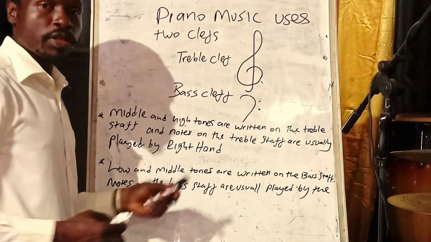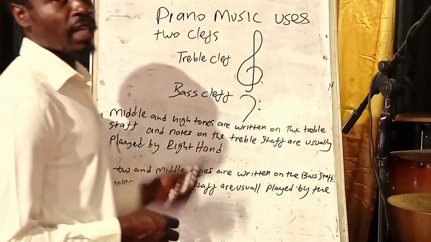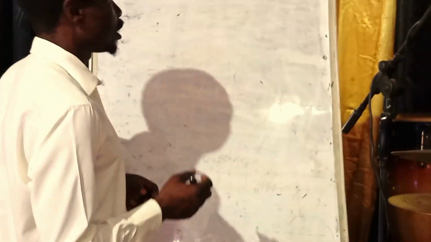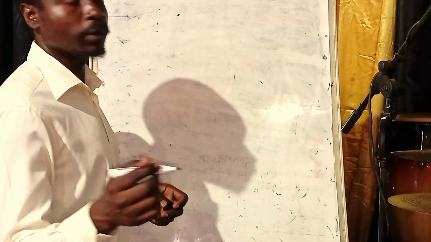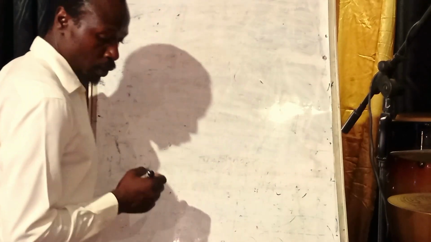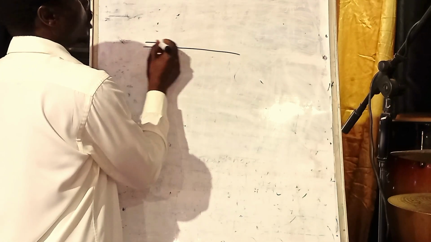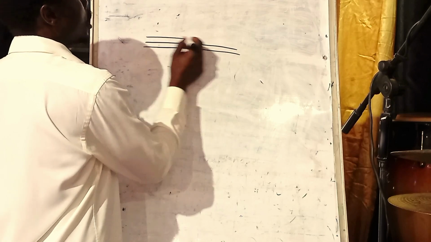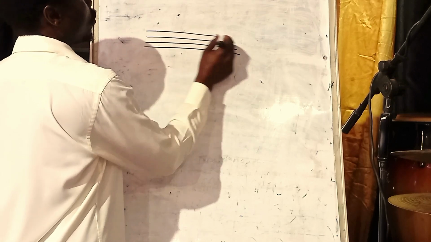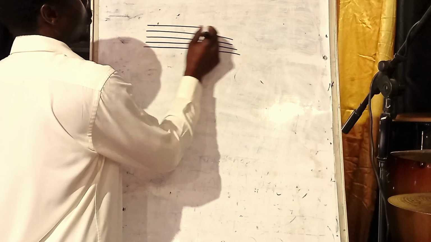So now let me show you how the treble and the bass clef will appear on the staff. Let's begin with the treble. Draw your set of 5 lines. Line 1, line 2, line 3, line 4, line 5.